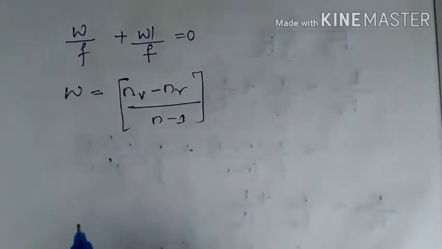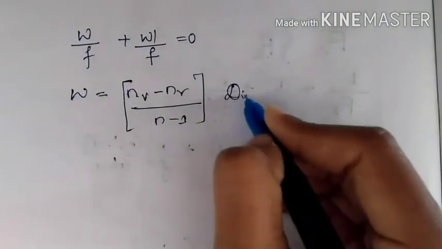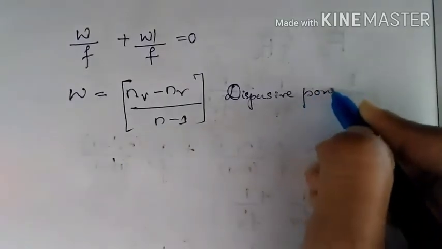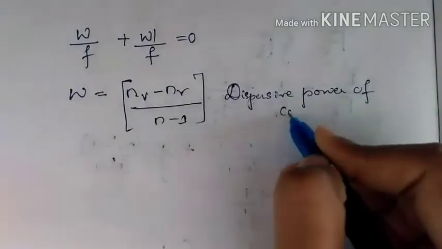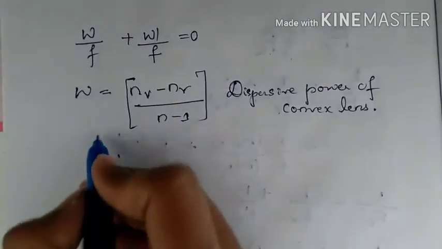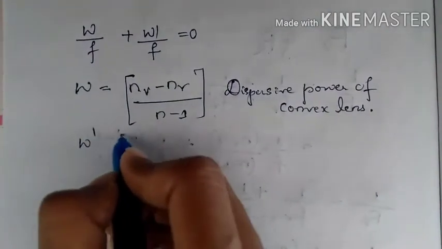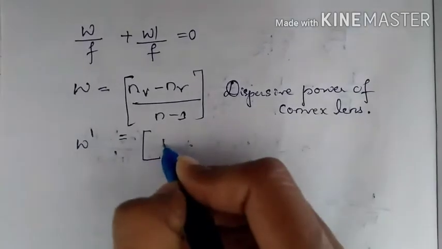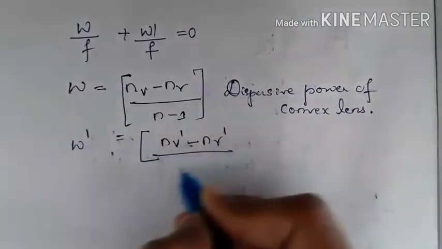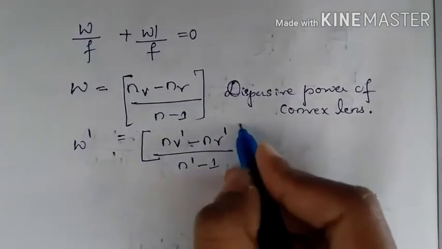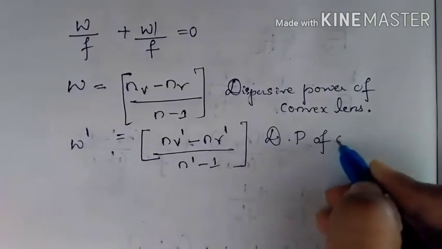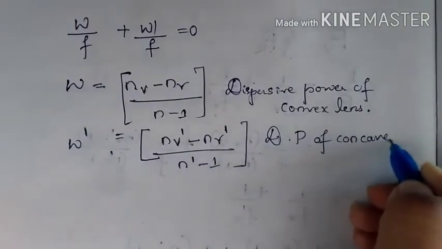So this gives the dispersive power of the convex lens, and omega prime is equal to (nV prime minus nR prime) divided by (n prime minus 1), which is the dispersive power of the concave lens.